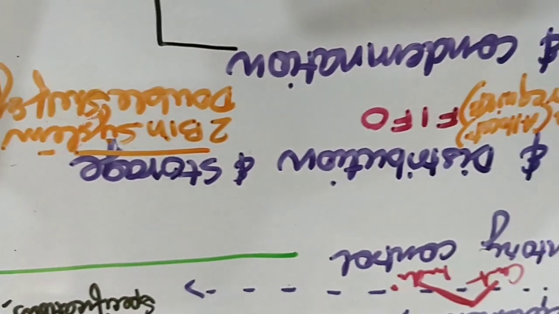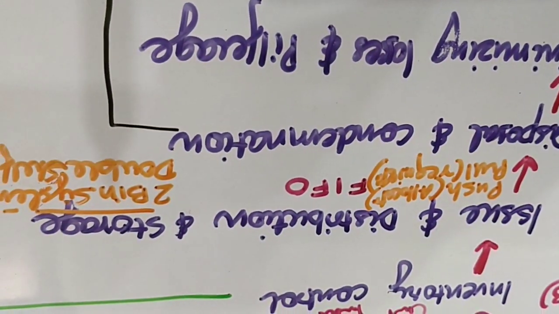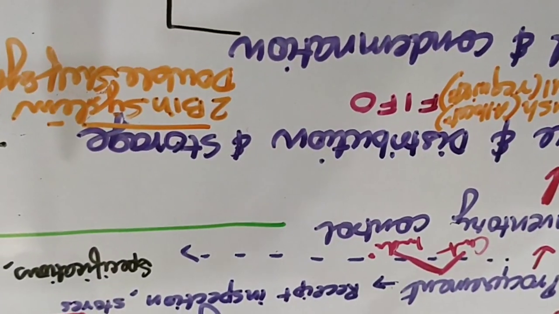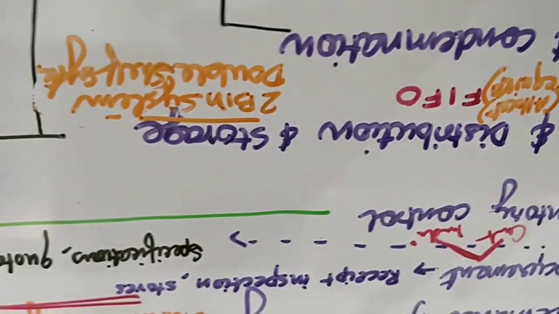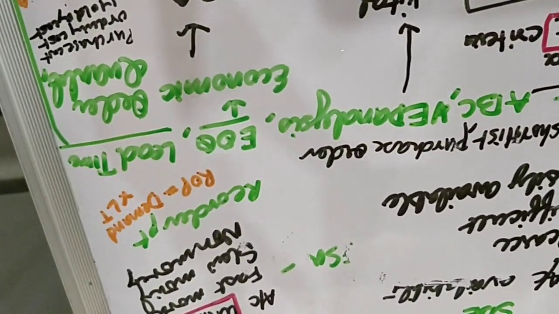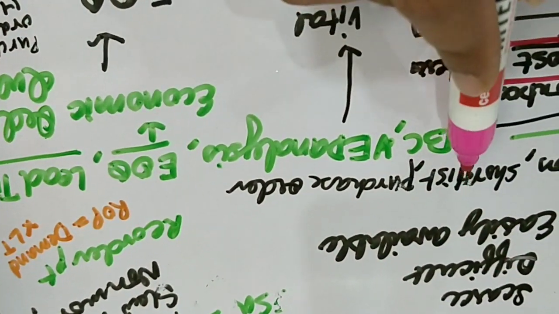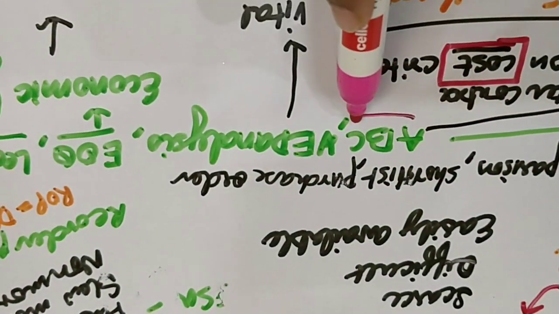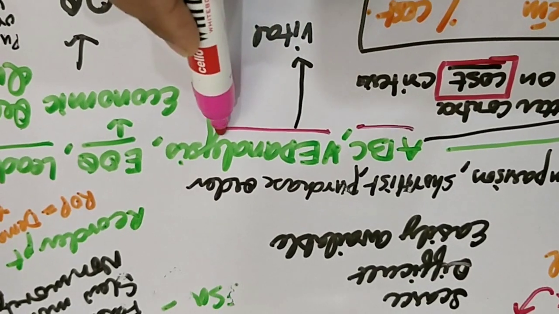Then our third step is inventory control. In inventory control, it depends upon all this analysis that we are covering here. First analysis is the ABC analysis. Then we have VED analysis.